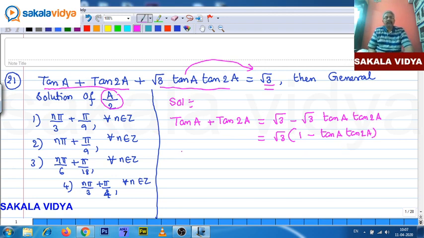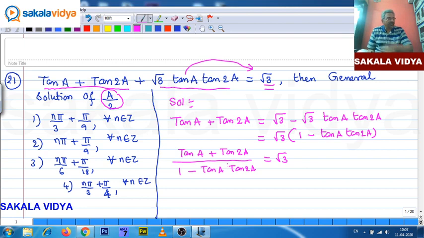Then we have tan A plus tan 2A upon 1 minus tan A tan 2A equals root 3.